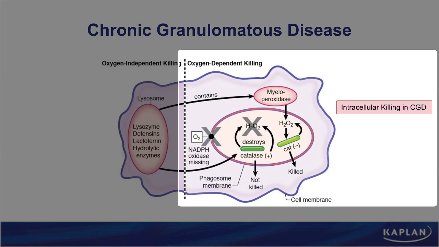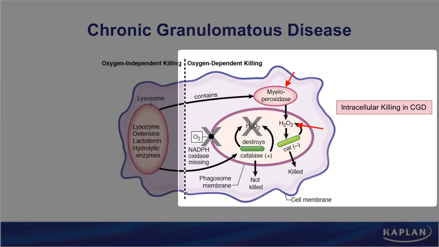We can see, though, that bacteria can generate hydrogen peroxide while in the phagosome. If they do, that's awesome, because myeloperoxidase can then use that hydrogen peroxide, convert it into hypochlorite, and kill a pathogen. So we can still get killing from our backup plan in patients with chronic granulomatous disease. But where is the issue?